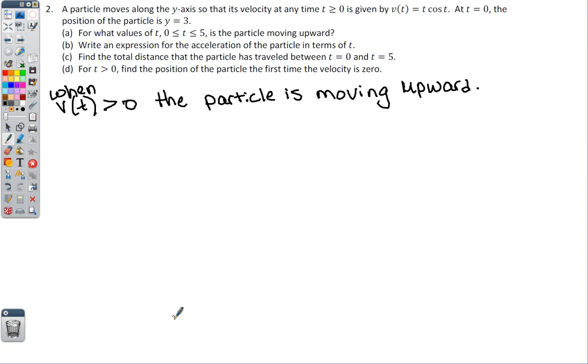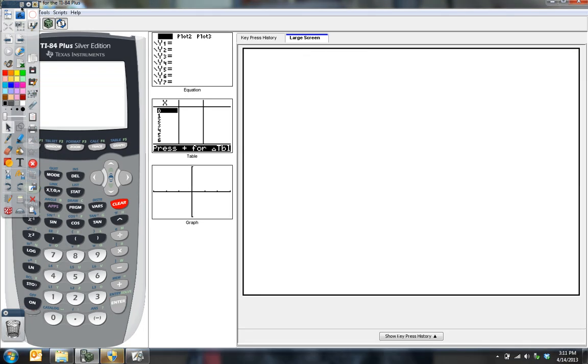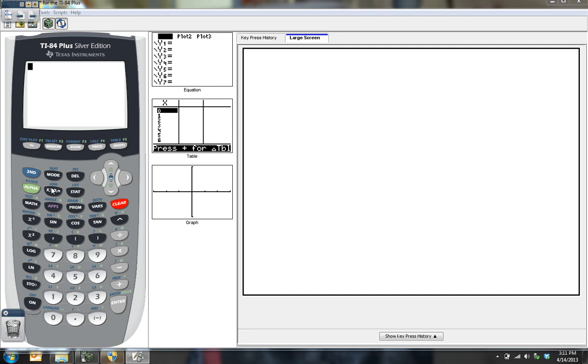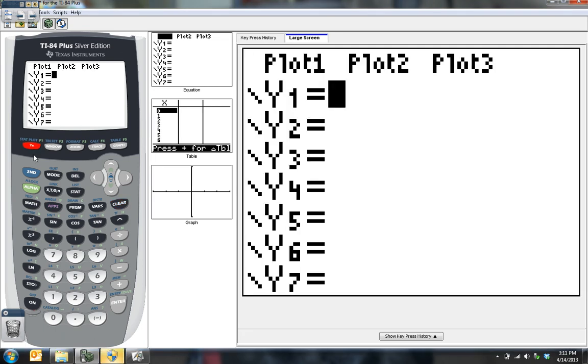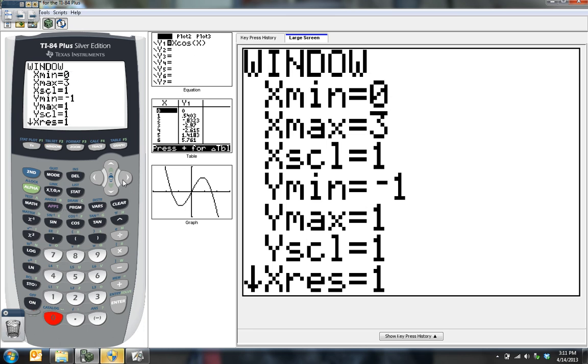Between t equals 0 and t equals 5. We can get the graph of this if we need the graph to help us out. And the graph may make our lives slightly easier. So we plug in x cosine x, and we set our window from 0 to 5, right?